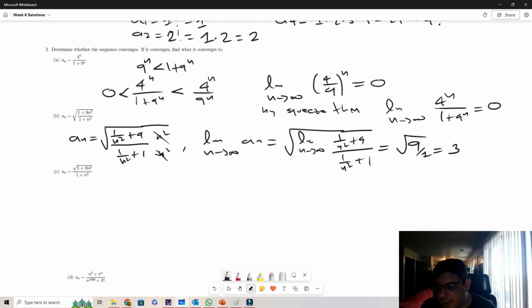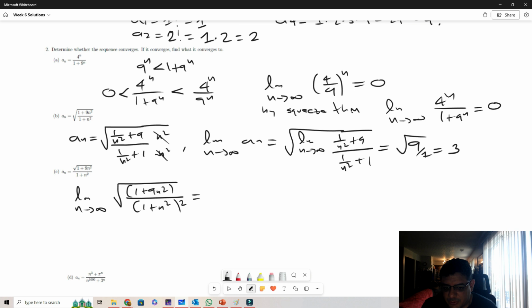Now for C, we have the limit when n goes to infinity of this situation. Here we don't have the root, but what we can do to simplify that is actually make a square here, so we can have the root. So what do I mean by that? Well, this will be 1 plus 9n squared, and below I'm going to have (1 plus n squared) squared. So now I can cover everything with the root.